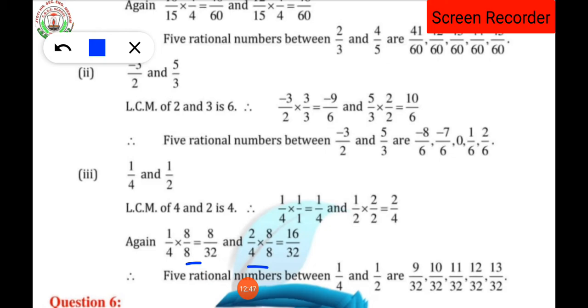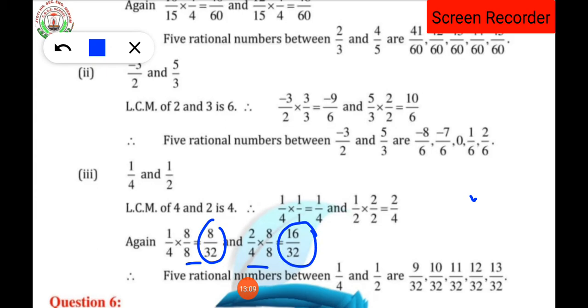Okay. Now here what we did, we multiplied 1 by 4, numerator and denominator, by 8. So we will get the number as 8 by 32. Next, when 2 by 4 is multiplied by 8, we will get the required number 16 by 32.